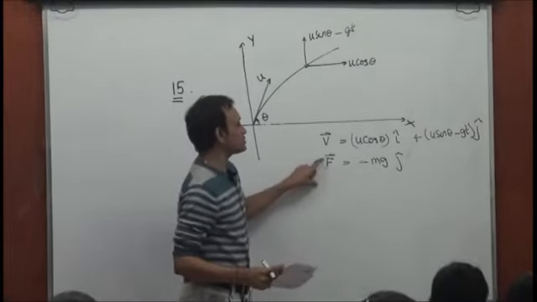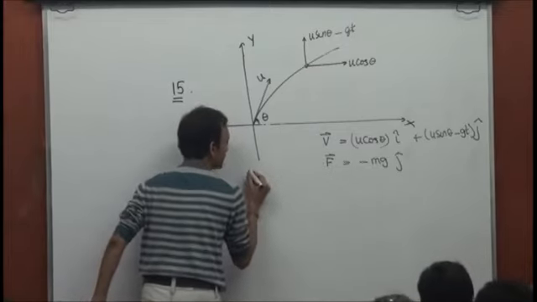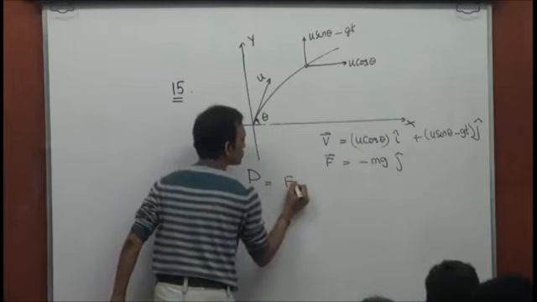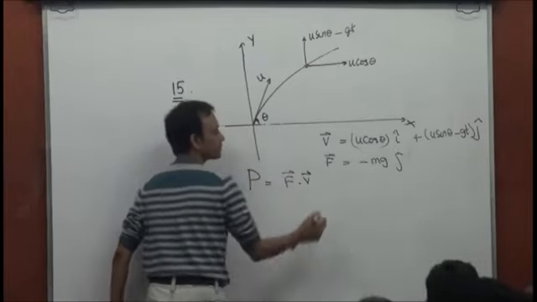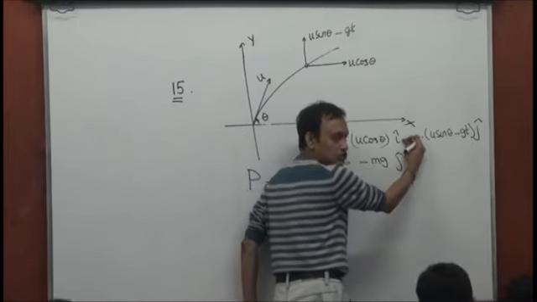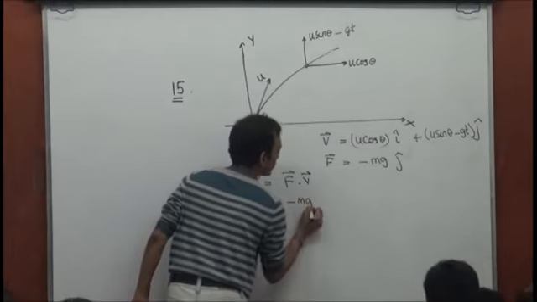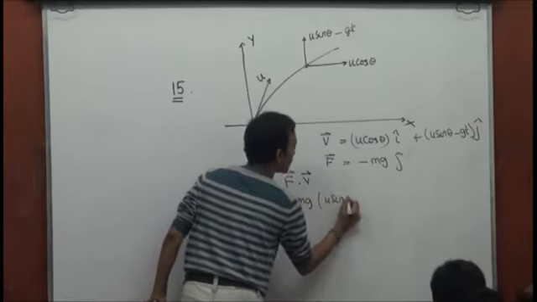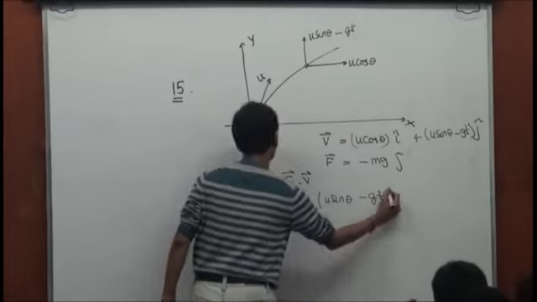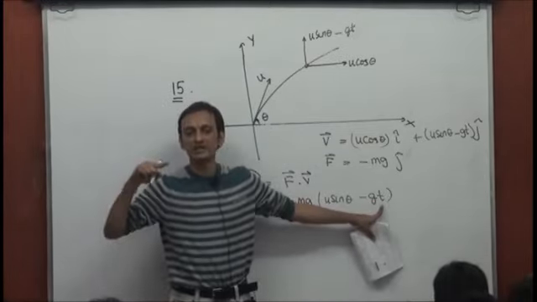The power of this force is going to be F dot V. So the power of the gravitational force is F dot V, and realize that j dot i is going to be 0. So that's simply minus mg times (u sin theta minus gt). Realize that P versus time is a straight line.